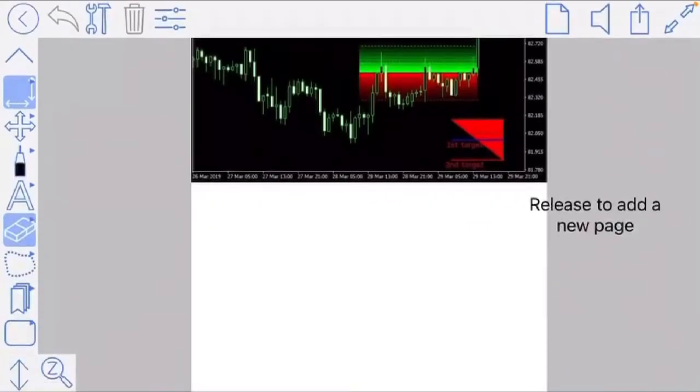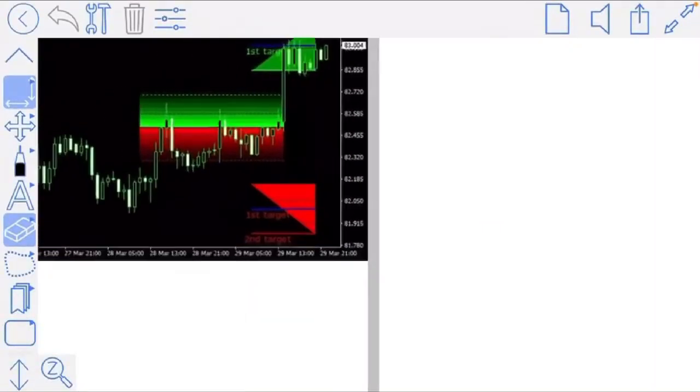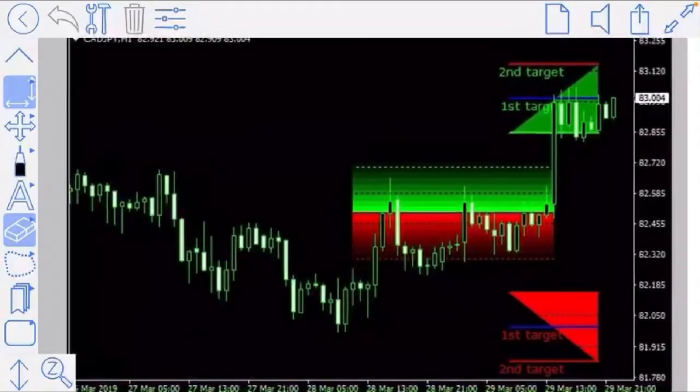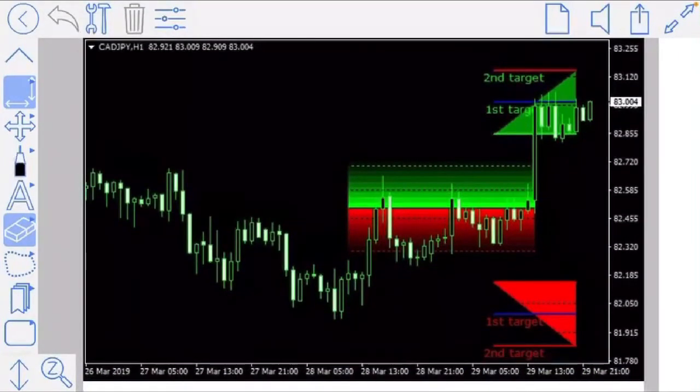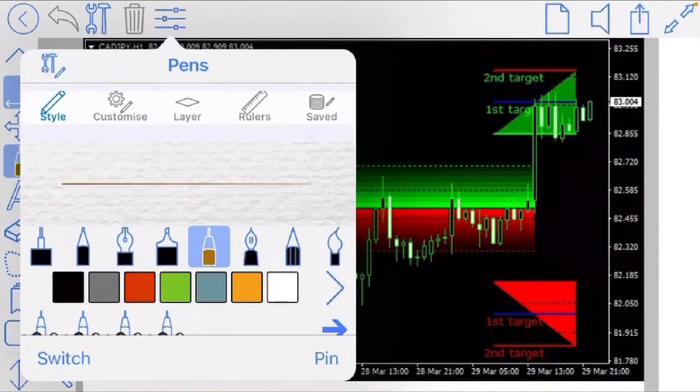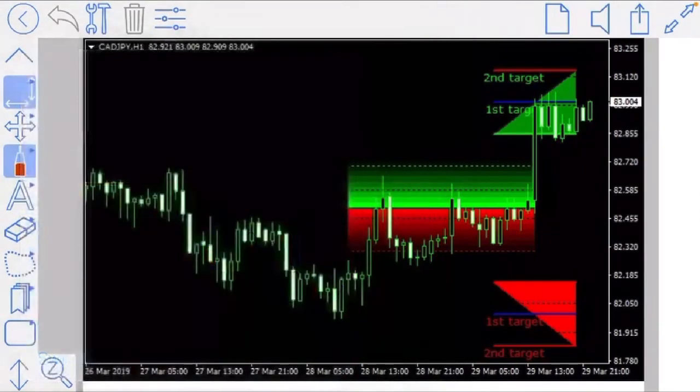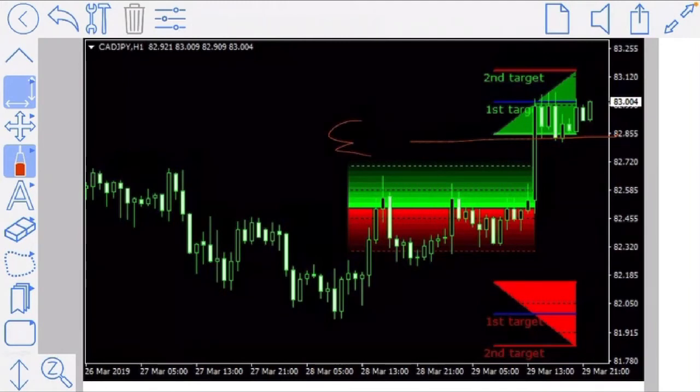Let's look at another example. This is CAD JPY H1. As you can see here, guys, this line there, where this triangle thing starts, this is your entry point. The first target means when price reaches there, we have achieved our target of 15 pips.